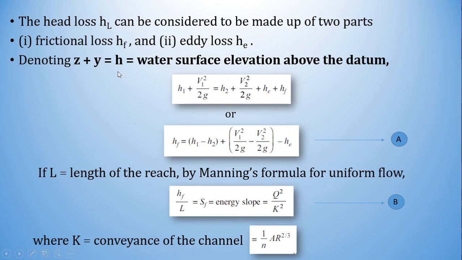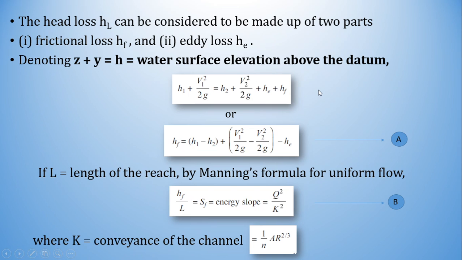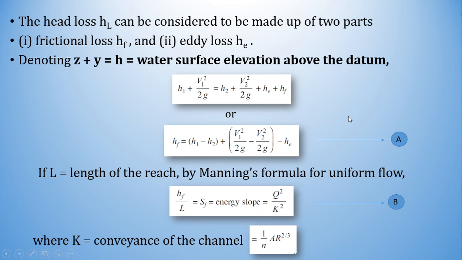Denoting Z plus Y as H, that is Z1 plus Y1 as H1 and Z2 plus Y2 as H2, the water surface elevation above datum, we can rewrite the equation: H1 plus V1 square by 2g is equal to H2 plus V2 square by 2g plus HE plus HF.